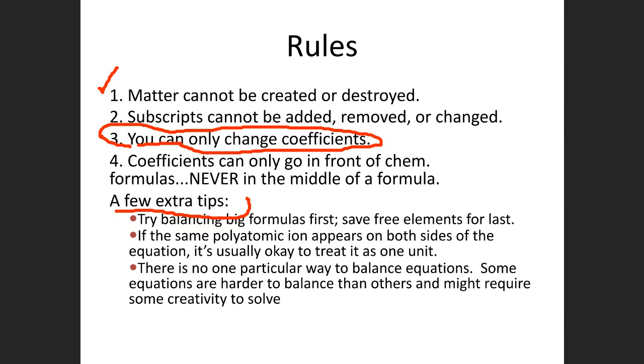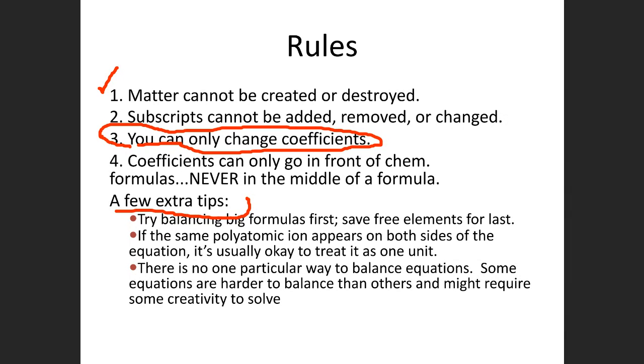Because if you have only oxygen, any kind of number you can multiply at the end and make the number the same, right? So never try to balance the simple diatomic molecules first. First try to balance the big formula, like polyatomic molecules or something.